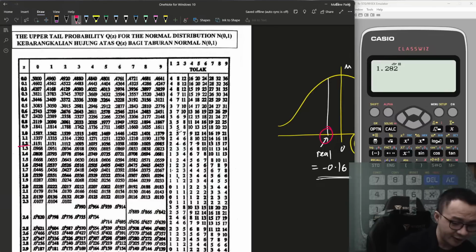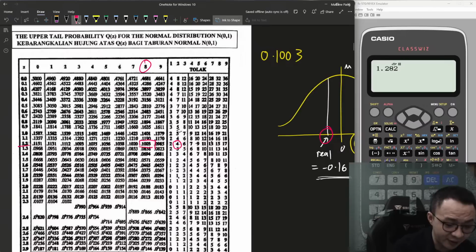So for this one you will find the first 2 digits, 1.2, first. 1.2 is here. 1.28, right? So 1.28 is roughly here. So right now I get 0.1003. Then for 1.282, I still need to subtract some value. I need to subtract a 4 here. Do you see? Because I will see at the same row here.